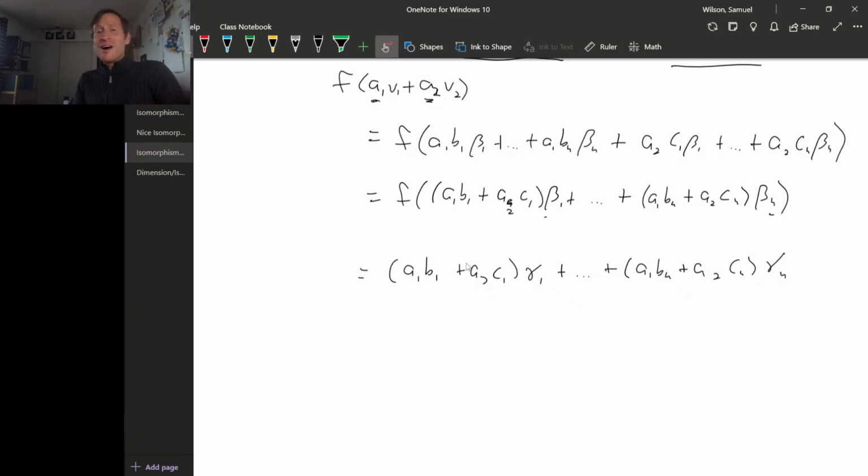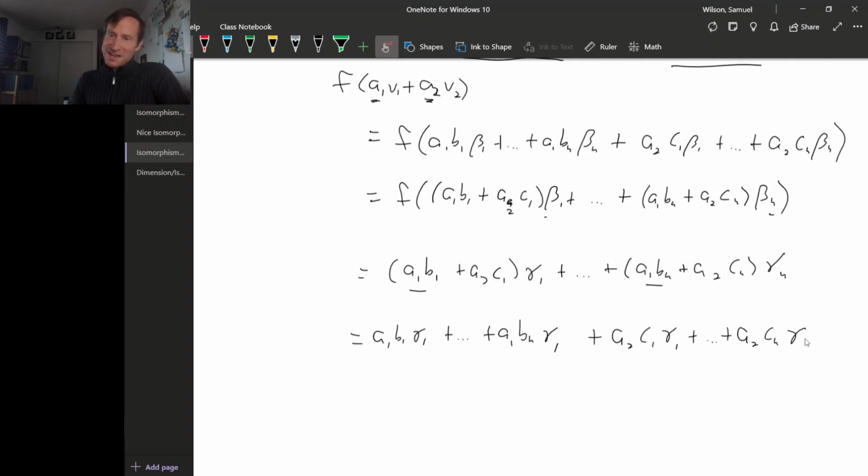And now we can unwind all of this stuff that we did, multiply everything out and gather everything back up based on the a's. So we have a1 b1 gamma 1 plus dot dot dot down to a1 bn gamma n, that's all the first terms, plus now all the second terms: a2 c1 gamma 1 plus dot dot dot down to a2 cn gamma n.